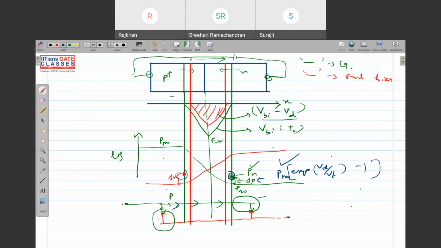Depending upon the potential, the concentration at the junction varies exponentially with the voltage. And one more thing I'm telling you.